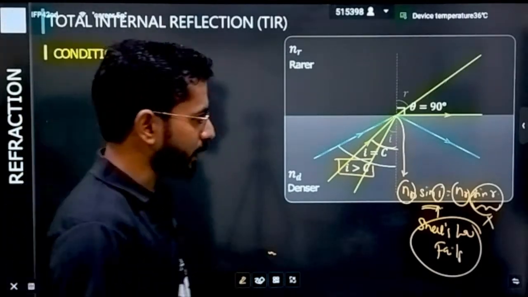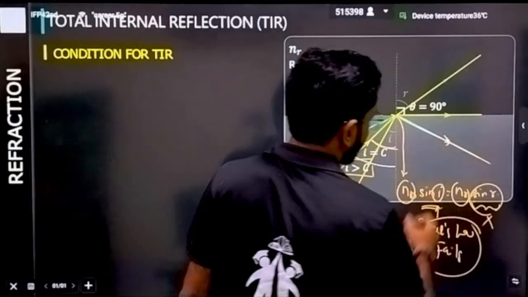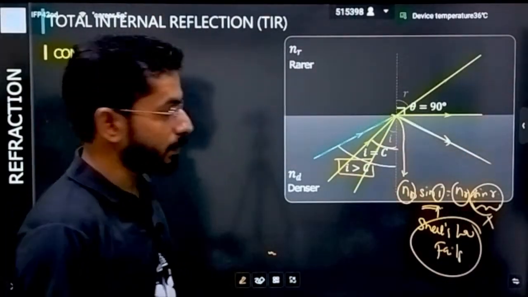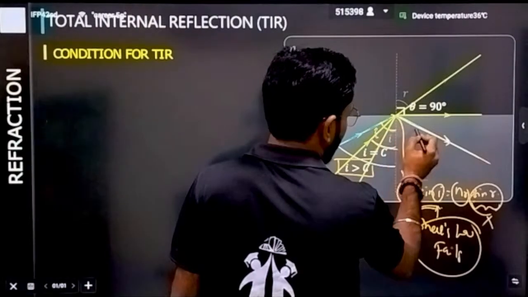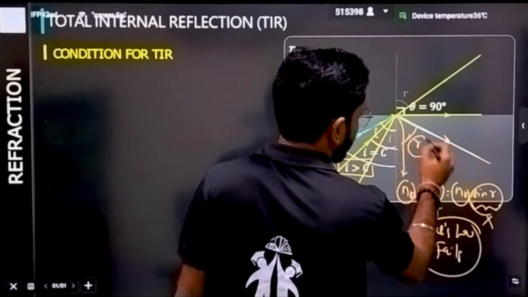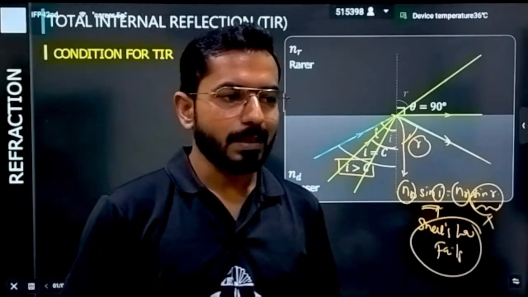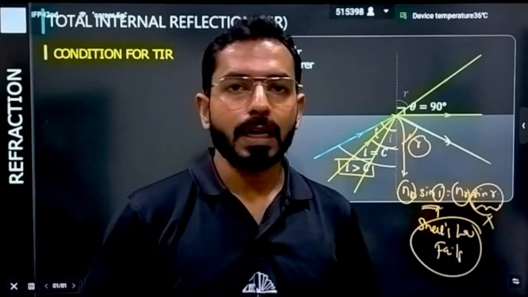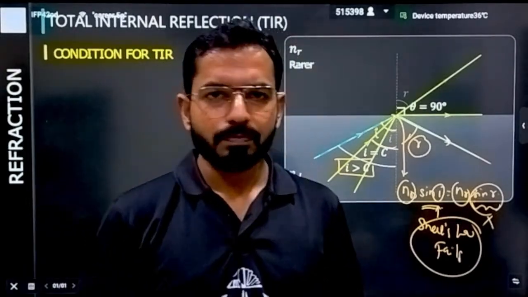But the moment you increase beyond the critical angle, it will remove all the refraction and simply perform reflection. What is the law of reflection? If this complete angle is I, this complete angle of reflection will be R. Angle of incidence is equal to angle of reflection. This is called total internal reflection. Everything from the formula of deviation.